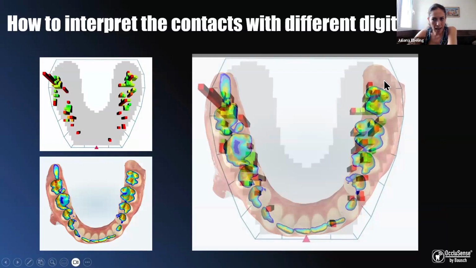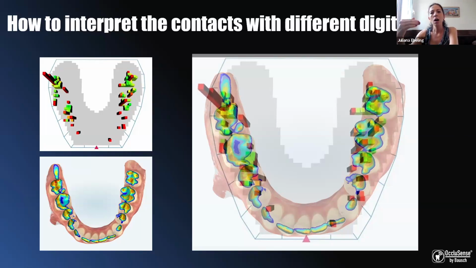But the point is that during the registration with OccluSense, we need to find the frame that corresponds to that occlusogram that the scanners are showing us.